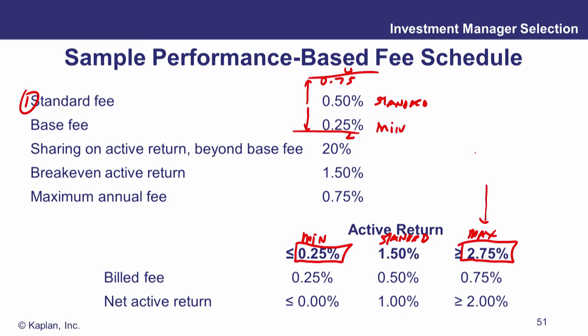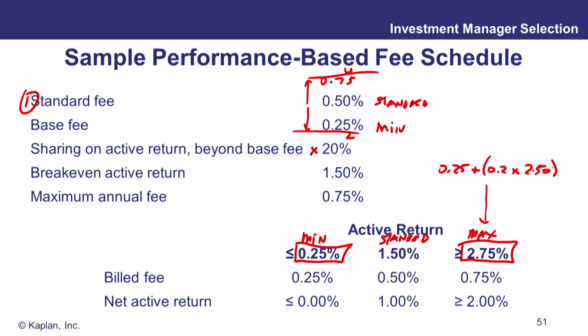Remember that the way this works is that we get a 20% share beyond our base fee. So our base fee comes in first. 0.25 is our base fee, and then we receive 0.2 of the amount of 2.5.